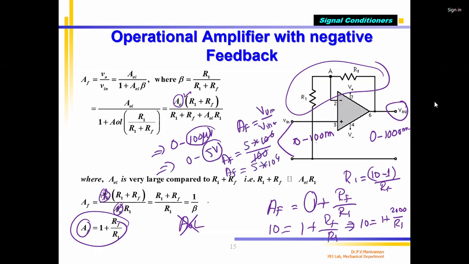Now 5 into 10 power 4 equal to 1 plus RF divided by R1. I can decide RF equal to some resistance value, for example 10,000. So I can compute R1. I will find R1. I have designed my amplifier. Any doubts?